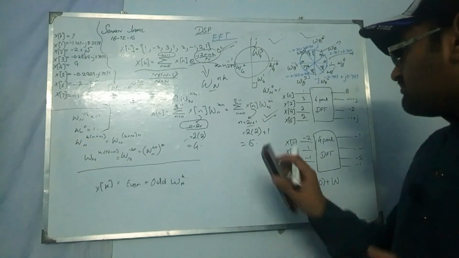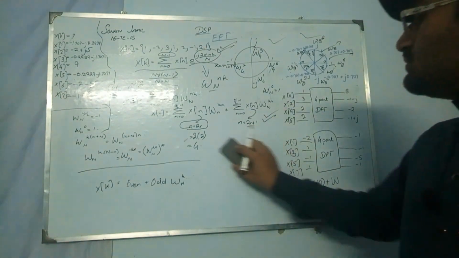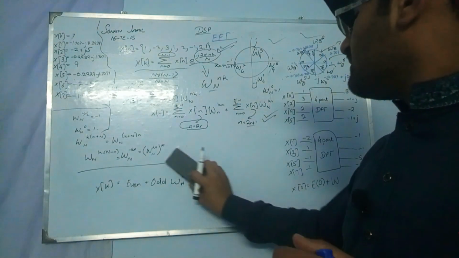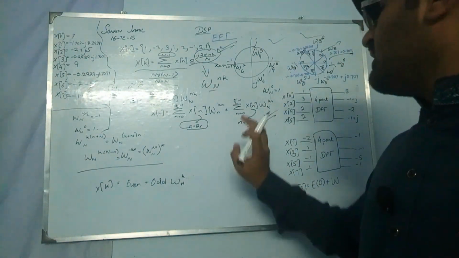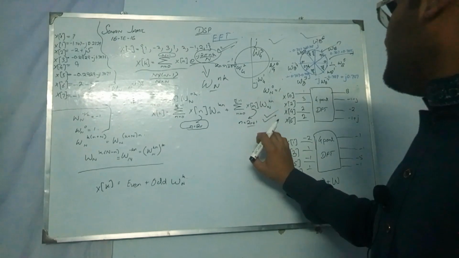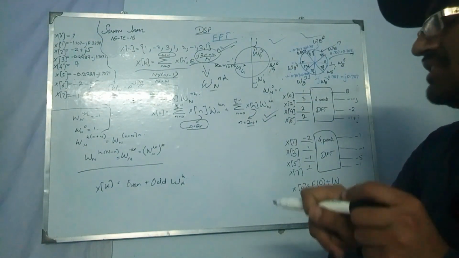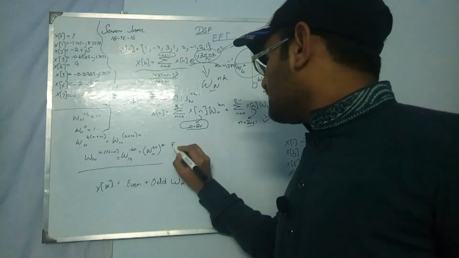So just substitute n equal to 2r in this part and n equal to 2r plus 1 in this part. What will be the result?